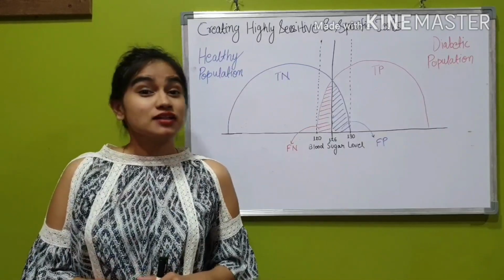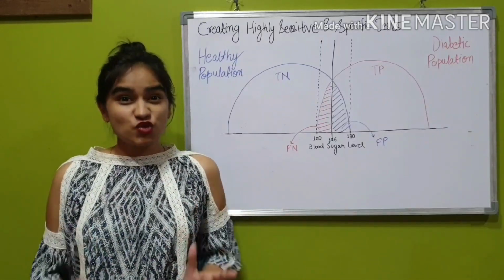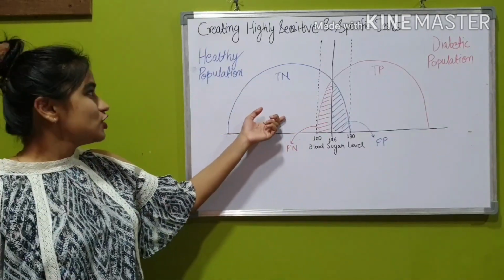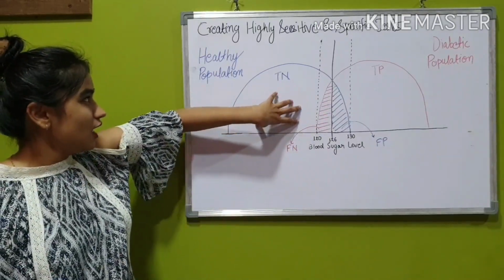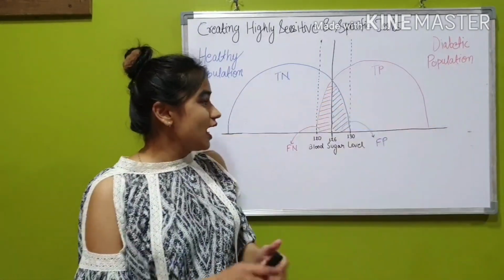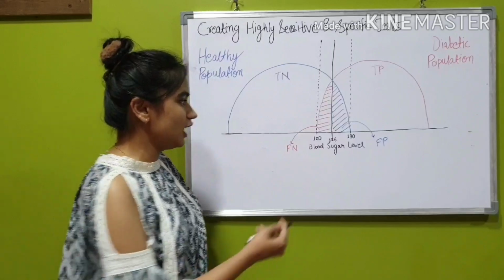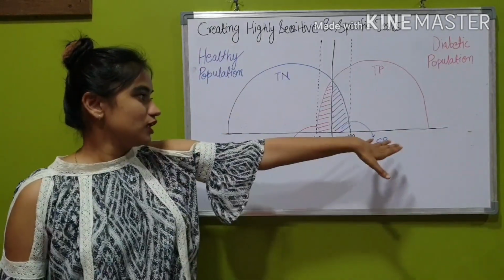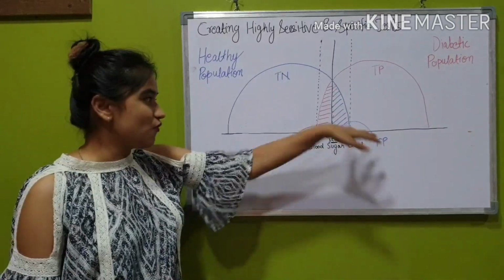So let's start by understanding how to create a test which is 100% sensitive. Let's first understand this curve. So we have a healthy population in blue, the diabetic population in red, and the original cutoff point over here is 126 milligram per deciliter. We have blood sugar level on the x-axis.